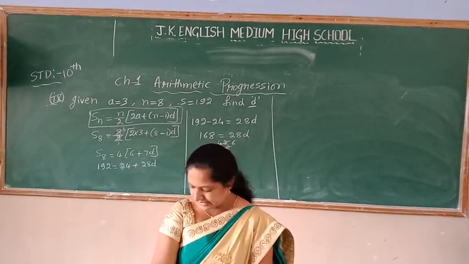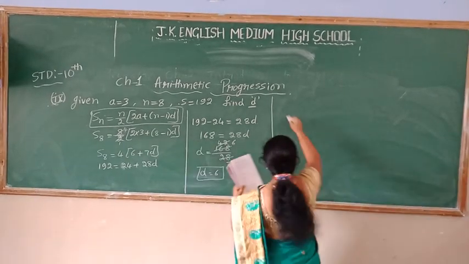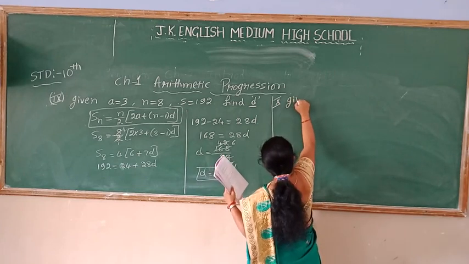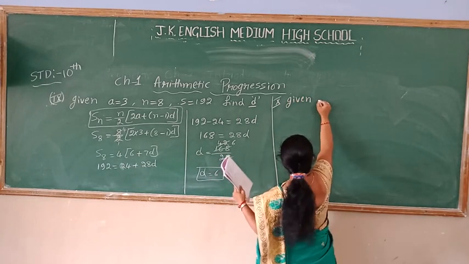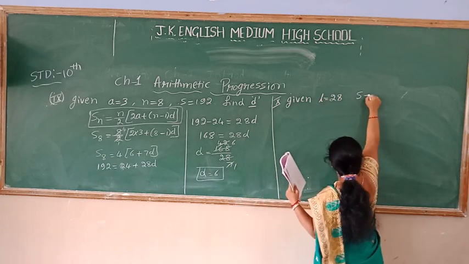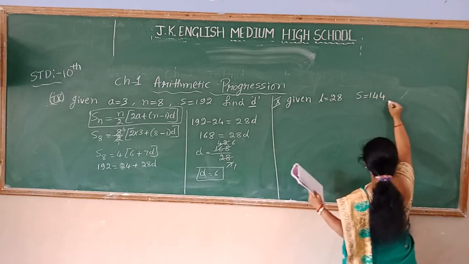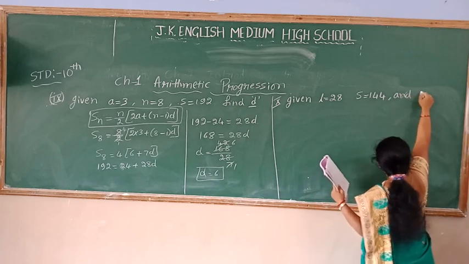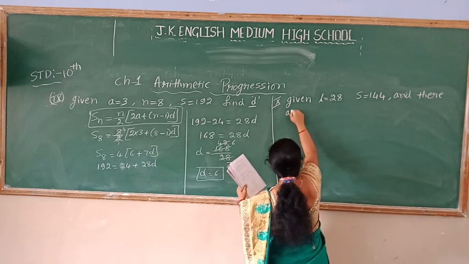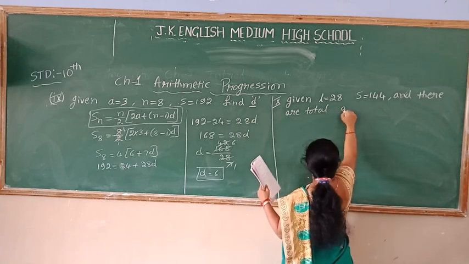The next sum is the 10th sum of this exercise. The question is: given n value 28, S value 144, and there are a total of 9 terms.